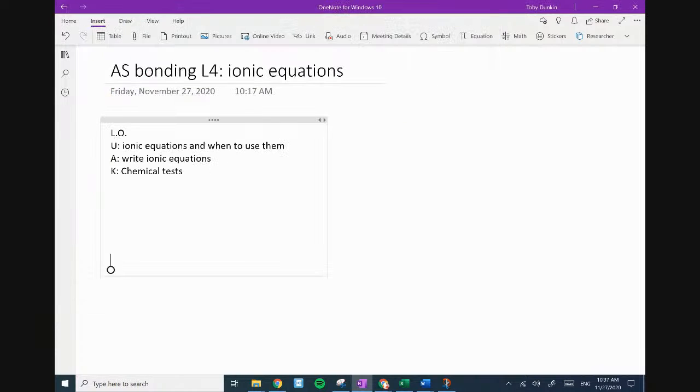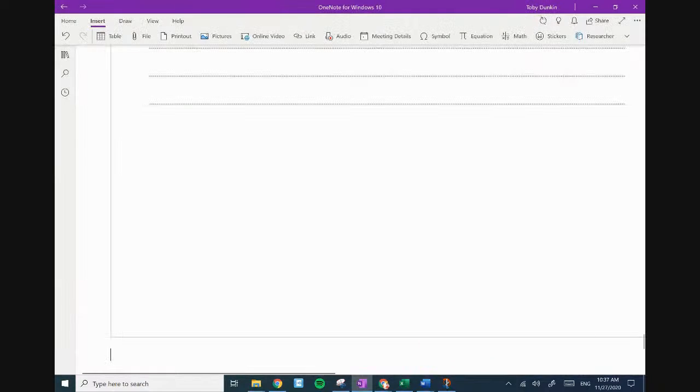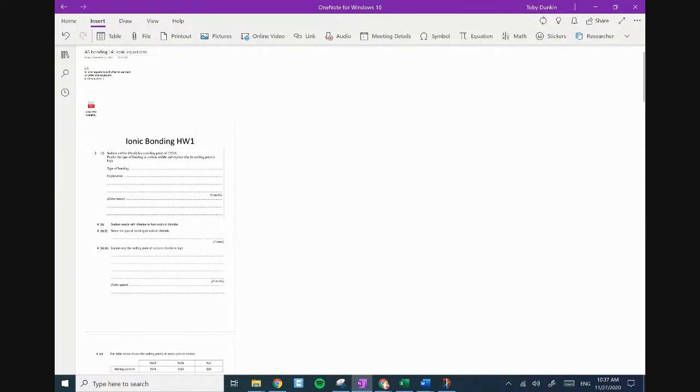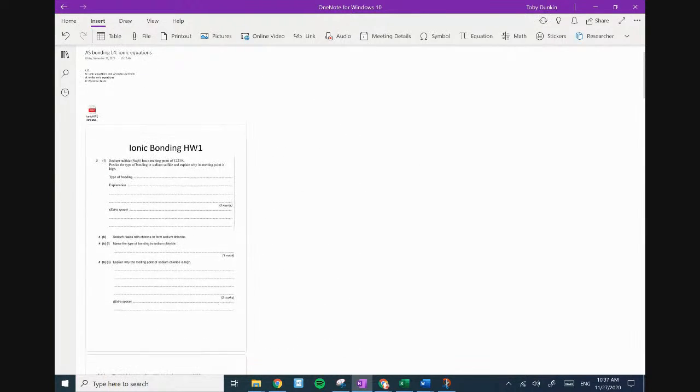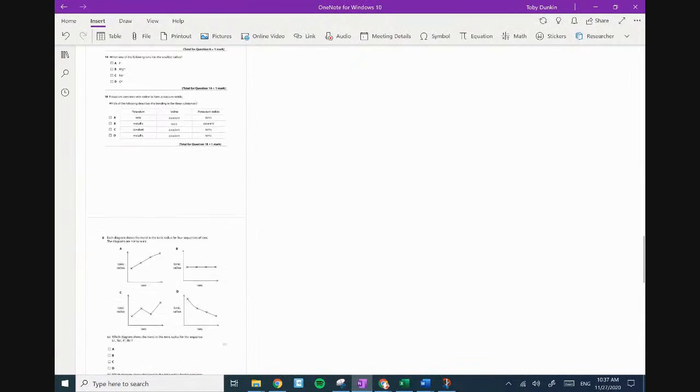I think, did I give you ions and melting points? Was it this one? I can ask the questions later. Okay, was it this one? So quite a long homework, actually. What I'll do is I might come back to that if I've got time at the end.